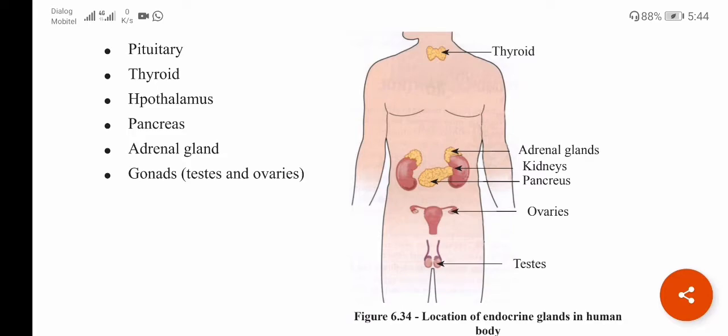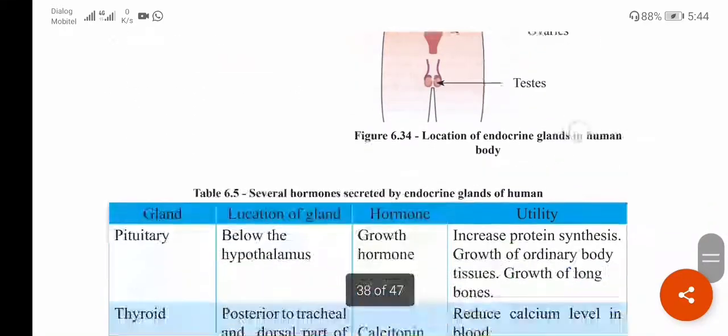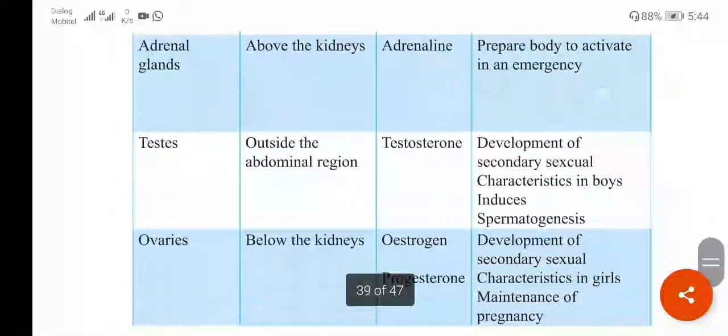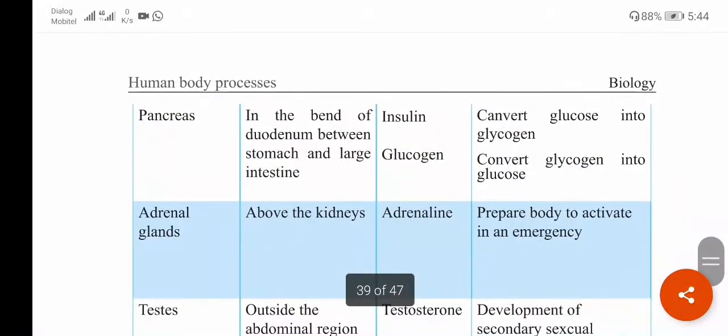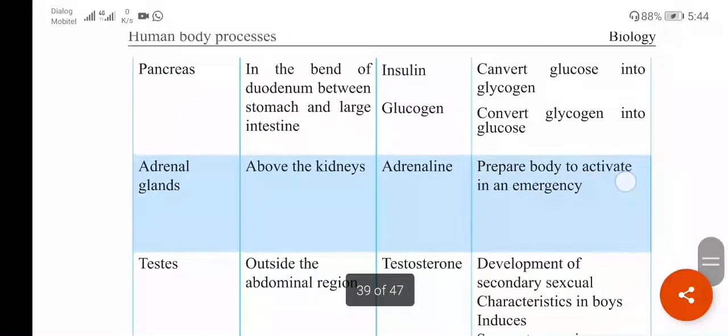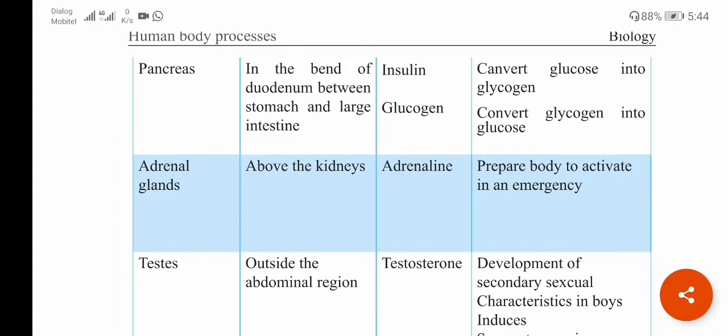The hormones secreted by the pancreas are insulin and glucagon. The function of insulin is to convert glucose into glycogen, and glucagon's function is converting glycogen into glucose. We will be discussing those things in homeostasis.